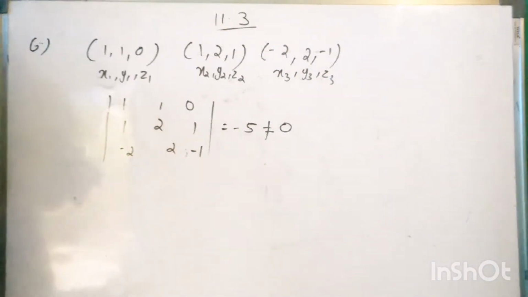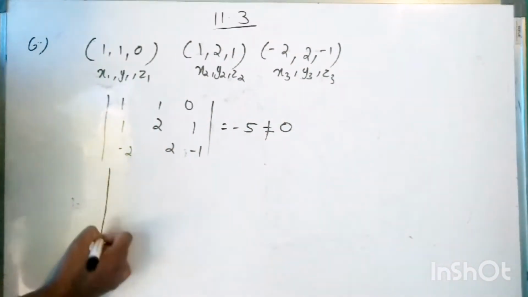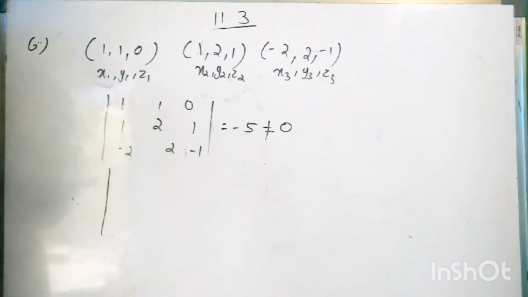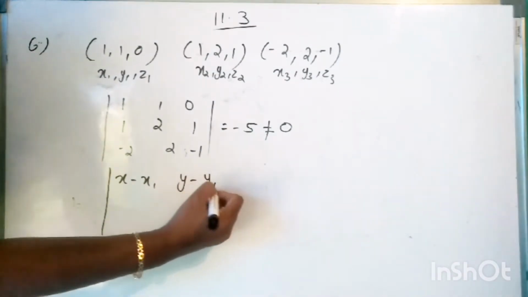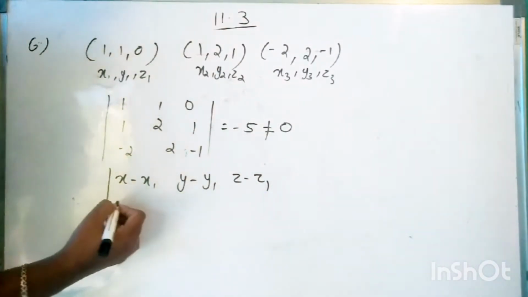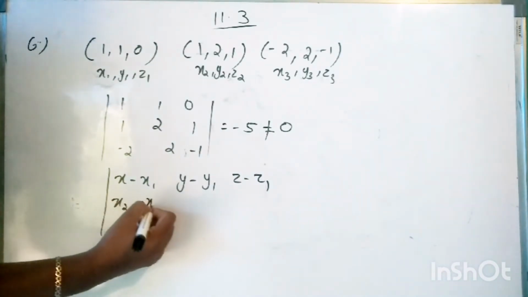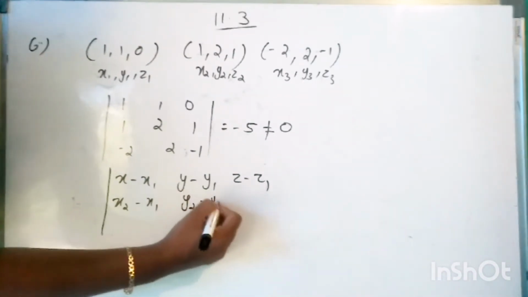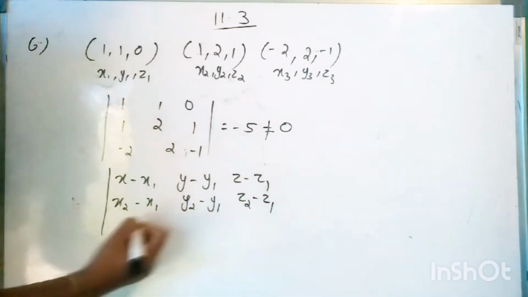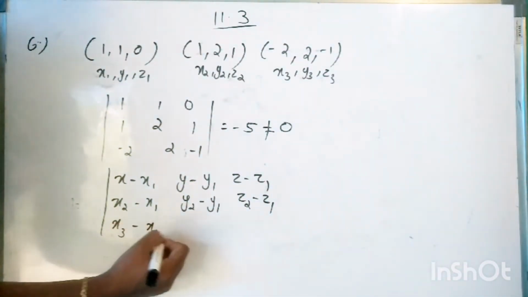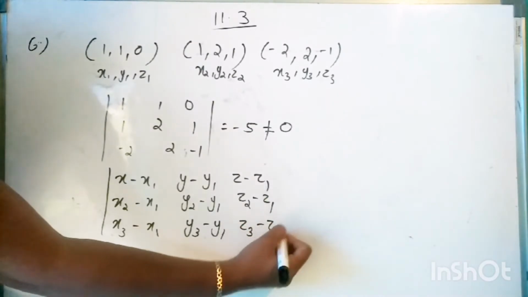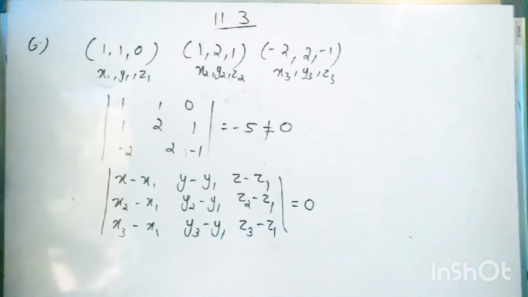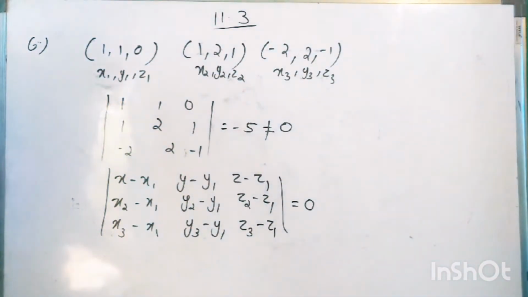If these 3 points are non-collinear, then in Cartesian form the equation of the plane is the determinant with rows (x - x1, y - y1, z - z1), (x2 - x1, y2 - y1, z2 - z1), (x3 - x1, y3 - y1, z3 - z1) equal to 0. This is the equation of the plane.